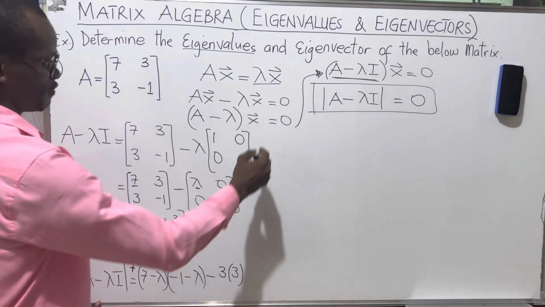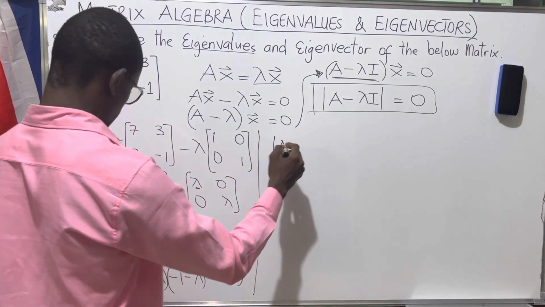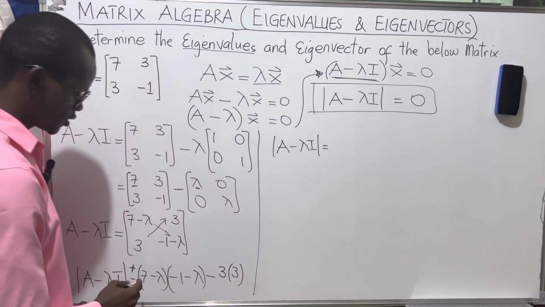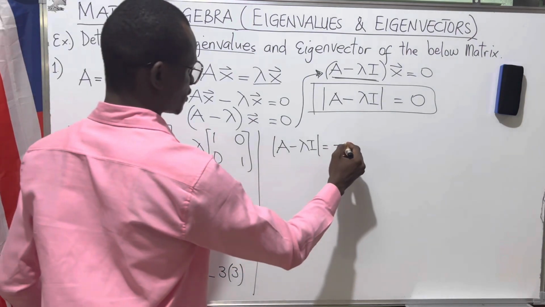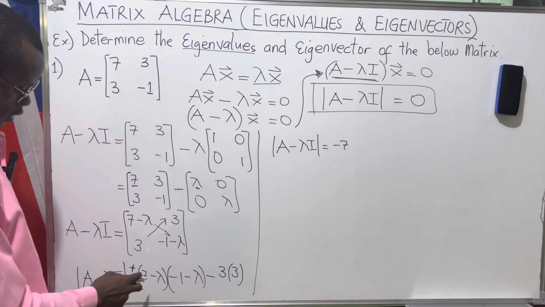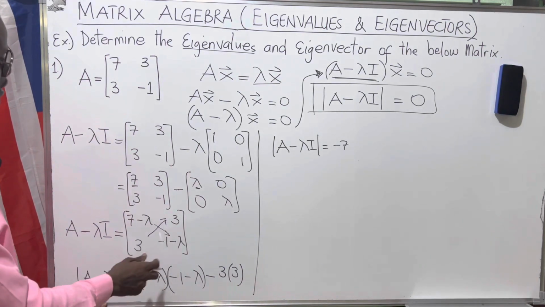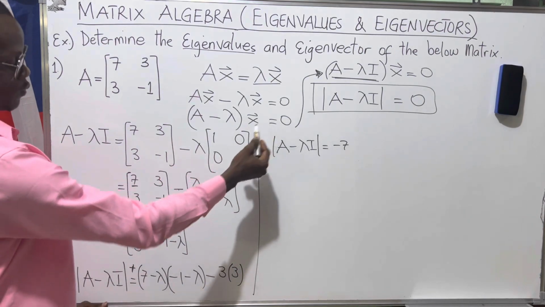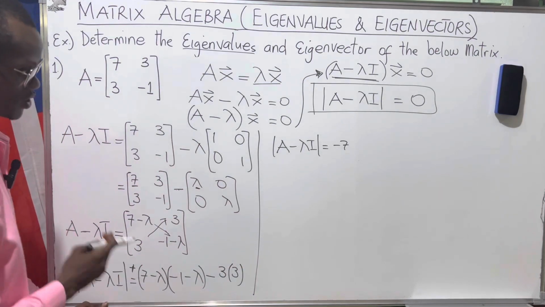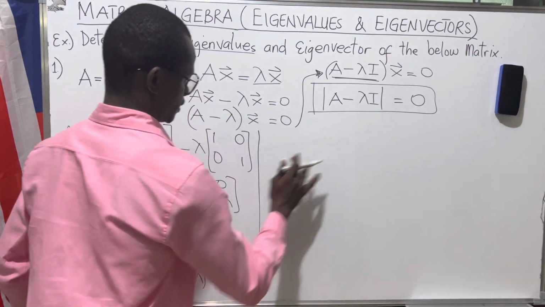If we further simplify, we have the determinant equal to 7 times minus 1, which is minus 7. Mind you, this entire expression is equal to 0. So we can just take this whole expression and avoid rewriting it.